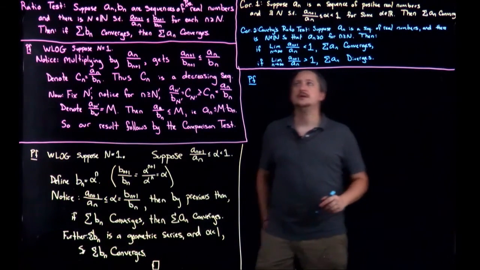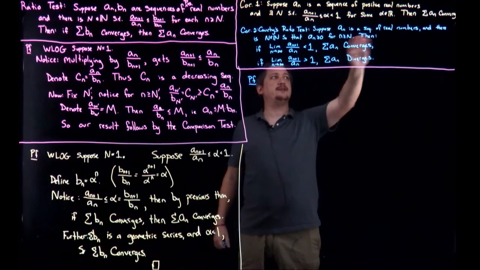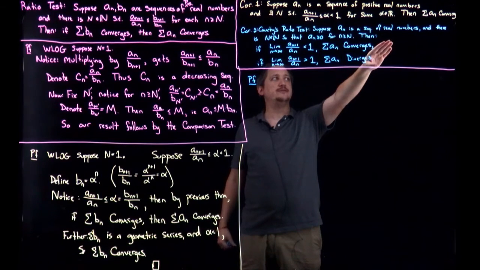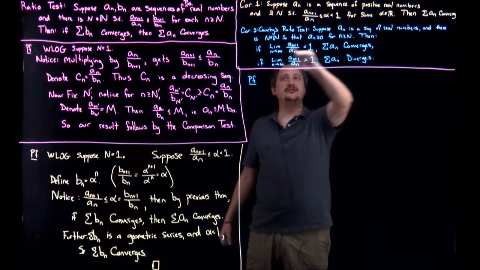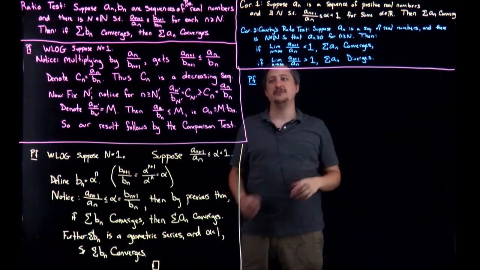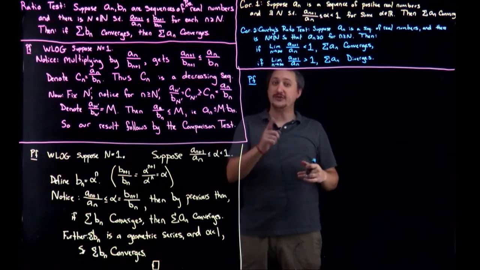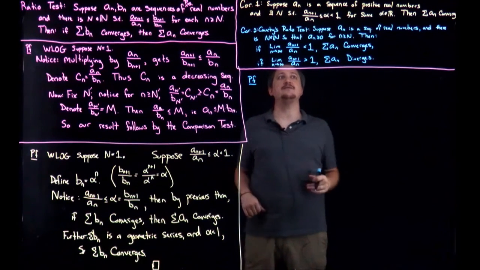So Cauchy is saying, we have A_n being a sequence of real numbers, not necessarily positive, except we also say there's some capital N so that A_n is non-negative for those terms. So really A_n is a sequence that is eventually non-negative. Still not strictly positive, but eventually non-negative.